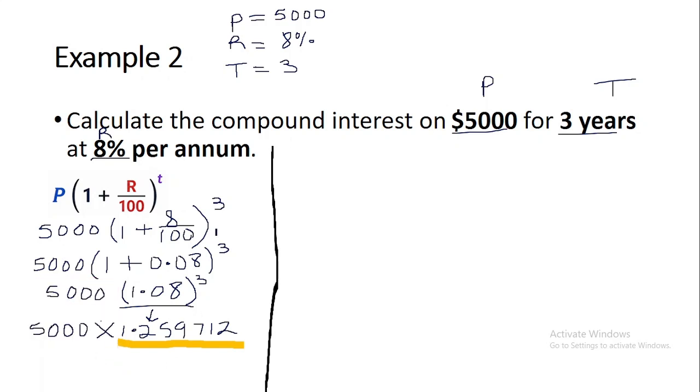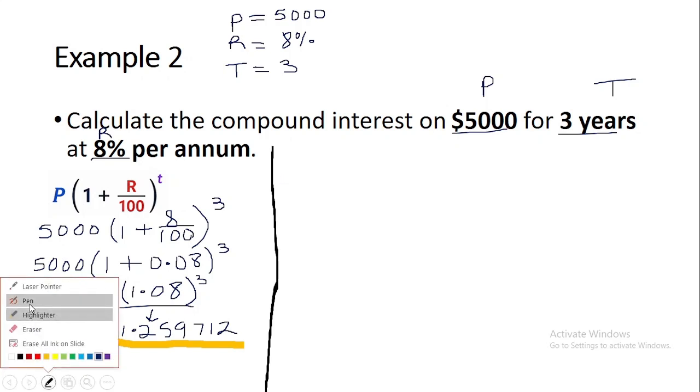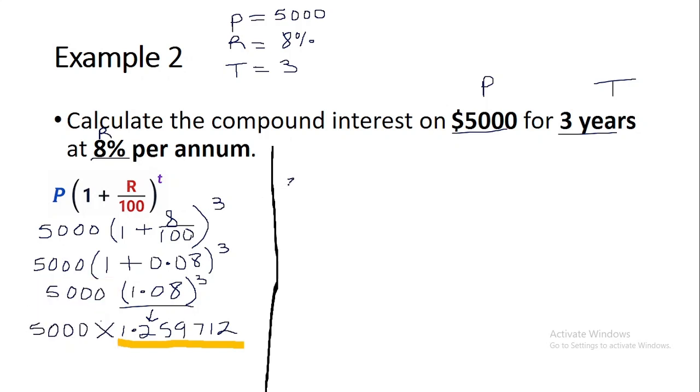So my total amount A is equal to 5,000 times the amount for 1.08 cubed, that's going to be 6,298.56.